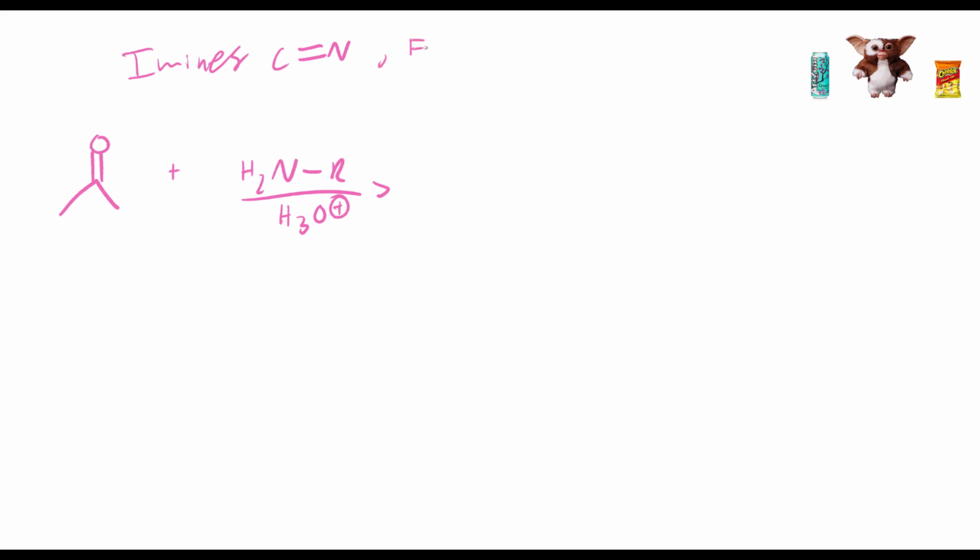However, enamines have a carbon-carbon double bond, and this carbon is attached to a nitrogen that has other things attached to it. Okay? So it's basically like a shift. Notice that the imines have a double bond between the carbon and nitrogen, but in the enamines, they have a double bond between the 2 carbons. Okay, so that's the main difference.